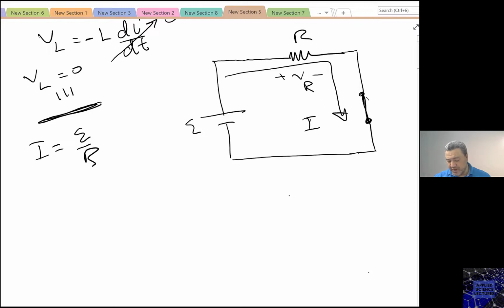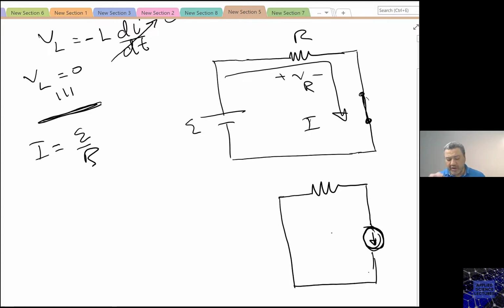Now, when I move the switch from A to B, I will have only the resistor R, and the inductor will be replaced by a current source. This current source will be generating a fixed current.